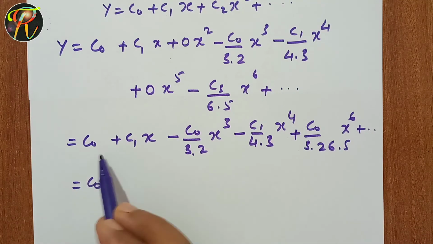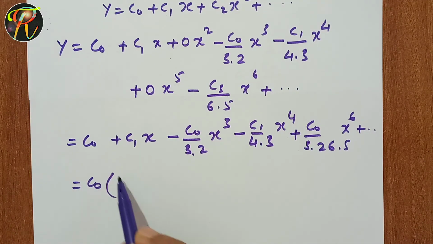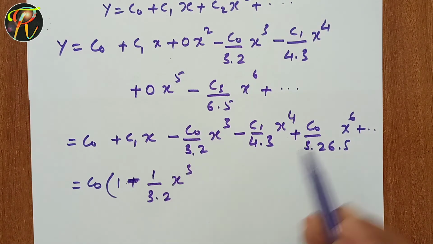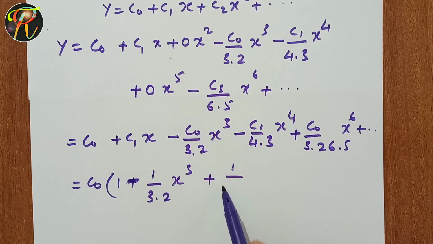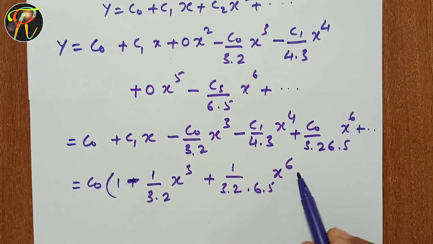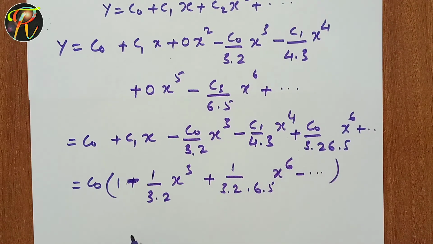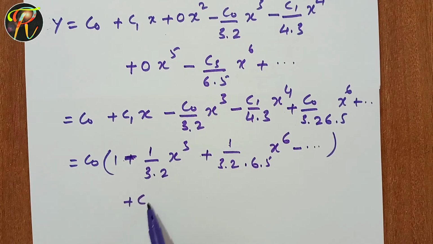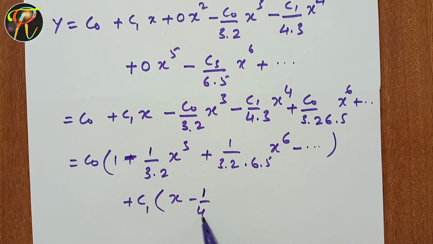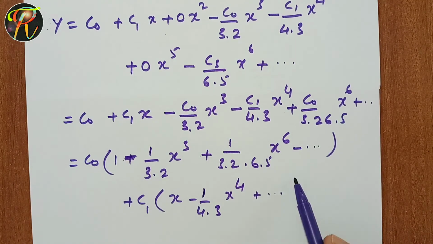So C0 times (1 minus 1 upon 3 into 2 x cube plus 1 upon 3 into 2 into 6 into 5 x6 minus and so on) plus C1 times the coefficient of C1, that is x minus 1 upon 4 into 3 x4, plus and so on.